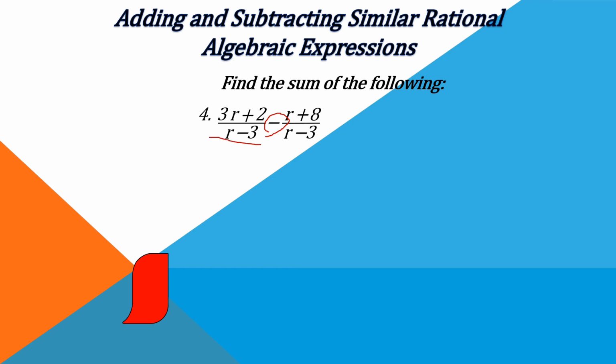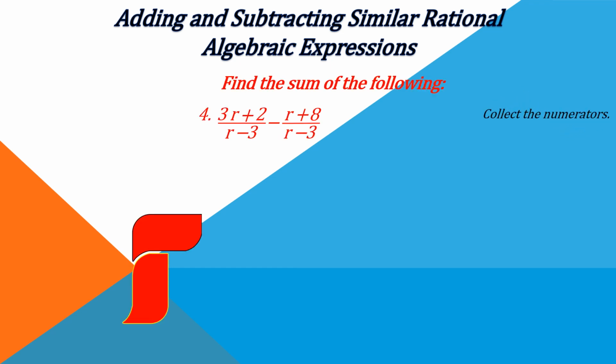And we have a common denominator as r minus 3. Therefore, we don't have to recompute the numerators. And to collect the numerators, we have quantity 3r plus 2 minus r plus 8 all over r, or we just put a question mark for our denominator.